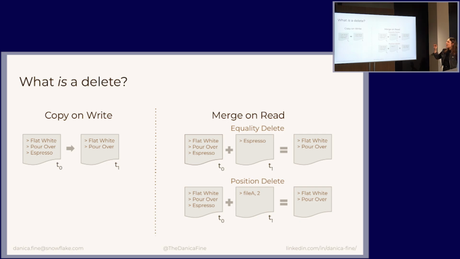Okay. The thing to think about with these deletions is that merge on read is going to work better for streaming, right? But now we have this additional problem that we've made for ourselves, and that is small files. In copy on write, we are copying over the data without the rows that we don't want.